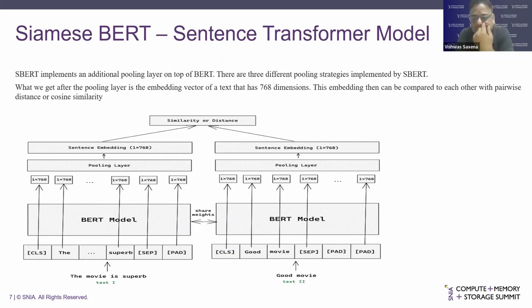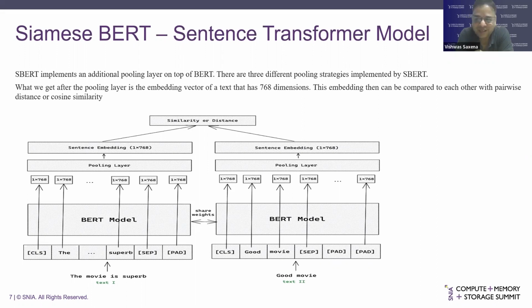But this sentence-based BERT model implements an additional pooling layer on top of these BERT models. So they generate one single sentence embedding instead of, let's say, a separate token for each word, right? So there are different pooling strategies that are implemented by these SBERT models. And finally, what we get after the pooling layer is the embedding vector of a text that has 768 dimension.